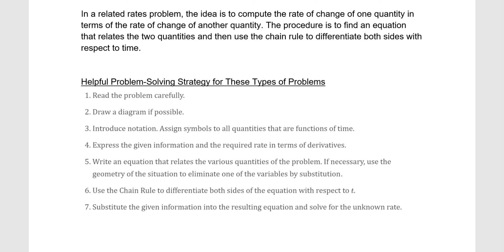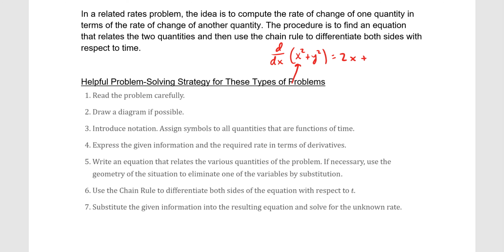And just like before when we were doing implicit differentiation, this is going to involve the chain rule. For example, before, when we were doing something like d/dx of x squared plus y squared, using the power rule, the first one would be 2x.